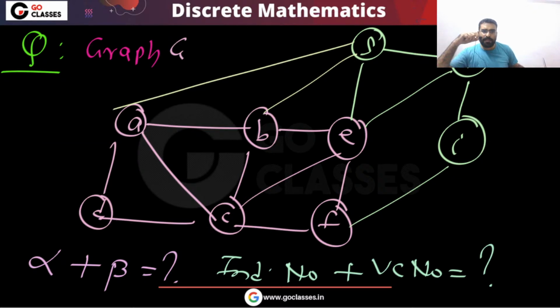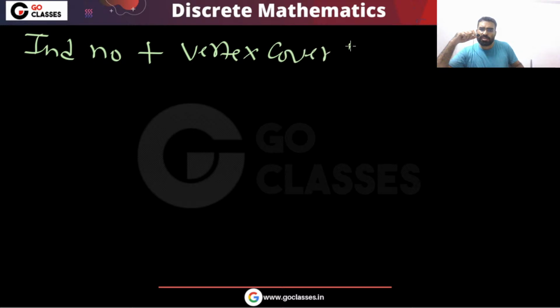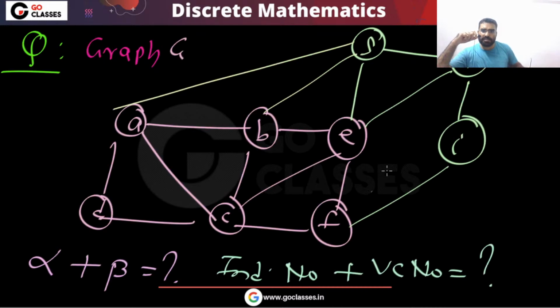This is the question: what is the independence number plus vertex cover number? Will you find the independence number in this?